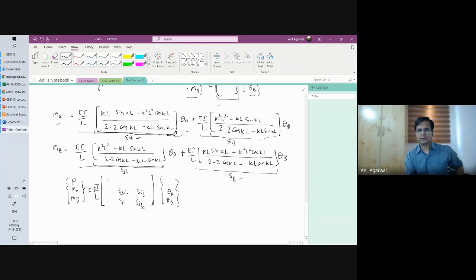So here what I'll be left with is A by I, 0 0 0 0, and this is E. E is the axial elongation. Fine. So this is the member that we are dealing with. This was the original position. We applied P and we applied moments MA and MB.